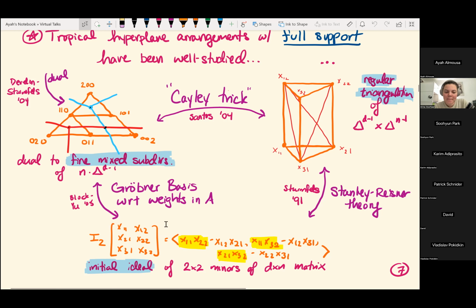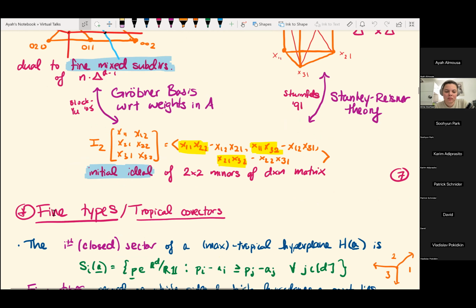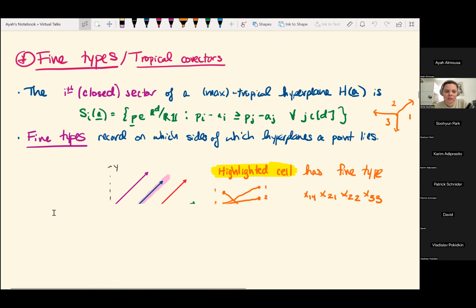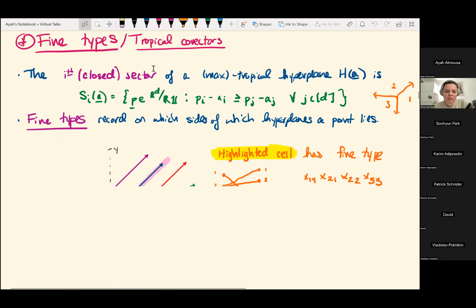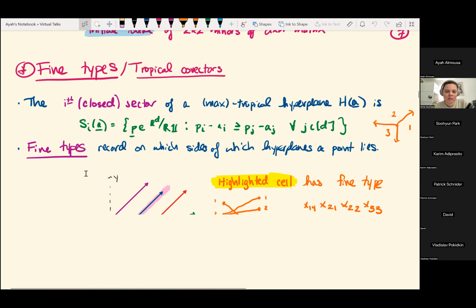This is the summary in the full support case. I'm going to talk in more depth throughout the talk about all of these pieces, especially in the more general case where we're allowing the hyperplanes to be pulled towards infinity in different directions. Okay. To start, I have to tell you a little bit about fine types and tropical covectors.